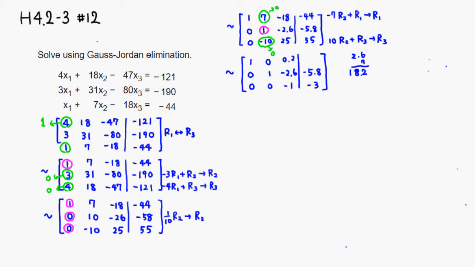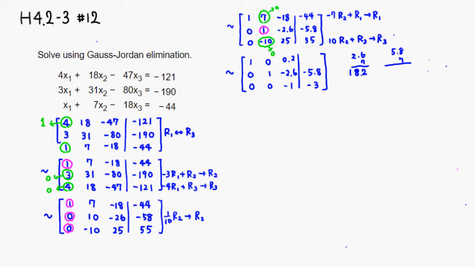So 18.2, right? So this is going to be 18.2 added to negative 18, so it's going to be 0.2. And then we're going to multiply negative 5.8, so you have 5.8, and multiply by negative 7, so the negative sign's gone, so multiply by 7.